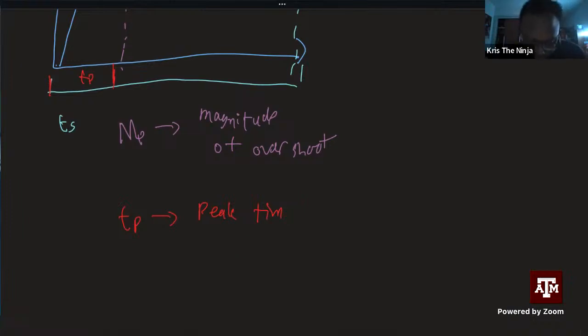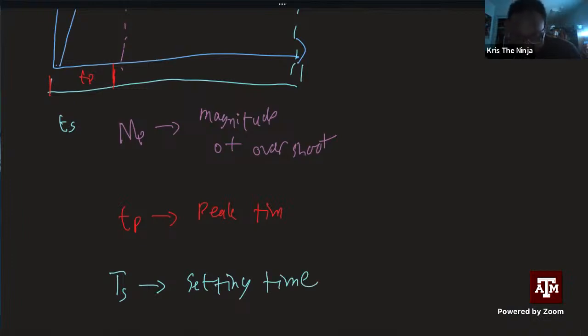Like I said before, TS is settling time. The T is usually capitalized. And that's usually a percentage that you want to calculate.